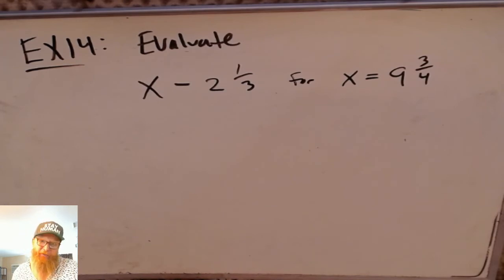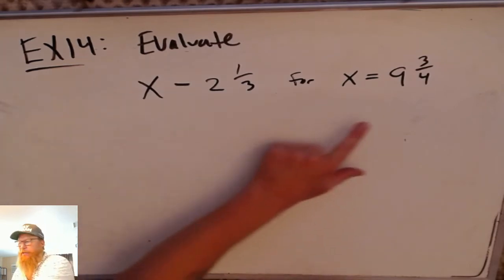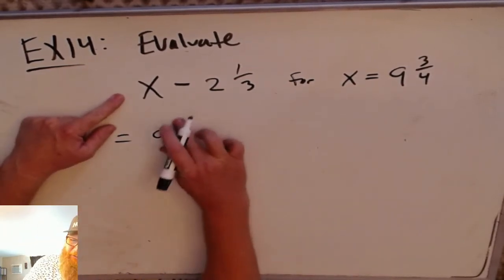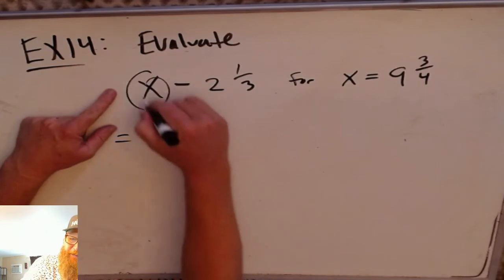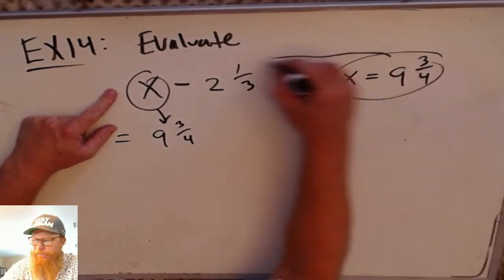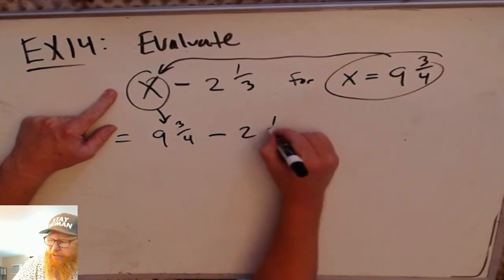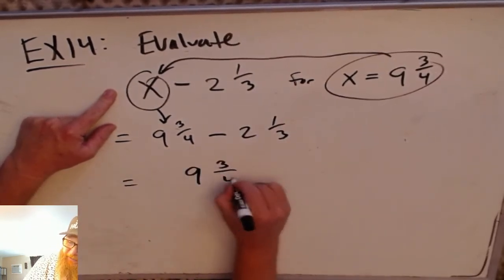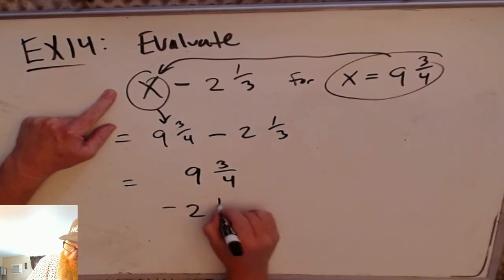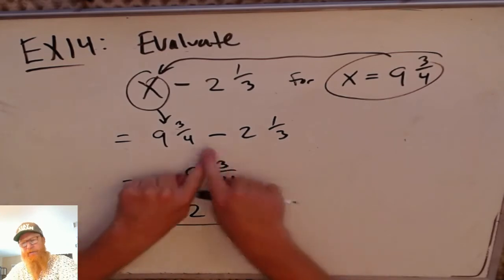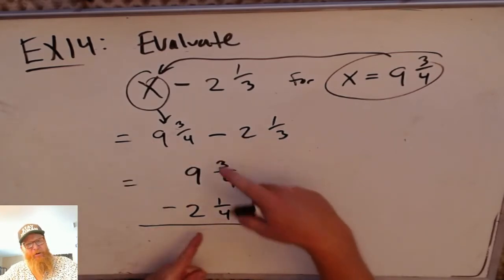This will be a little tougher. Yeah, a little bit tougher. So I've got 9 3/4. That's my x. Minus 2 1/3, which I'm going to rewrite in the stacked formation, sometimes referred to as the vertical. This is horizontal form, and this is vertical form.